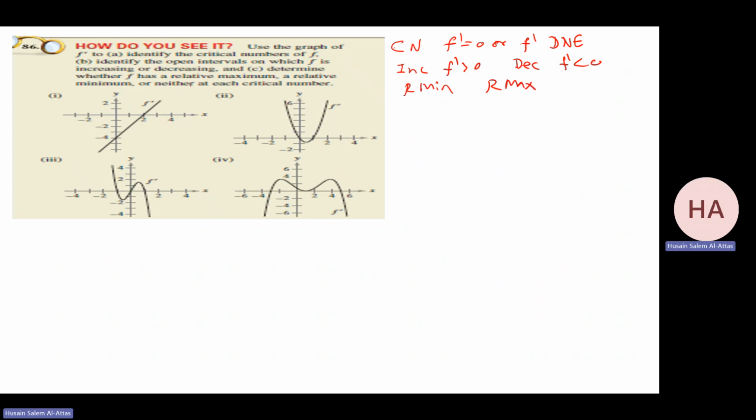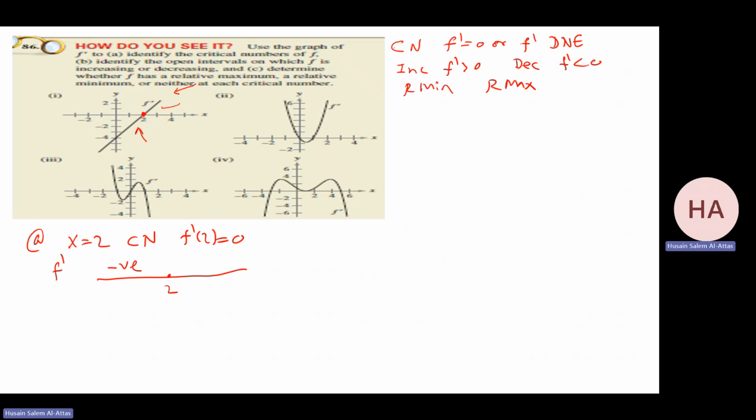But this is the graph of what? This is the graph of f prime. So at x equal 2, I have what? Critical number, since f prime at 2 equals 0. Before 2, f prime is negative.